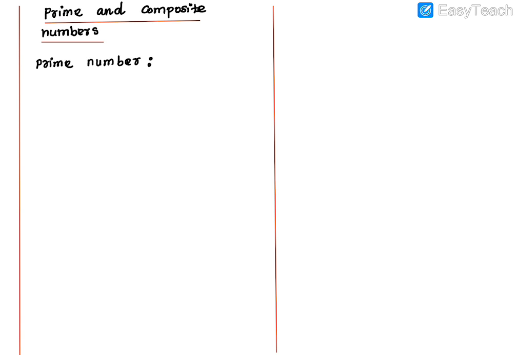See, I will write that: the factors are 1 and itself. Only two factors is called prime number.